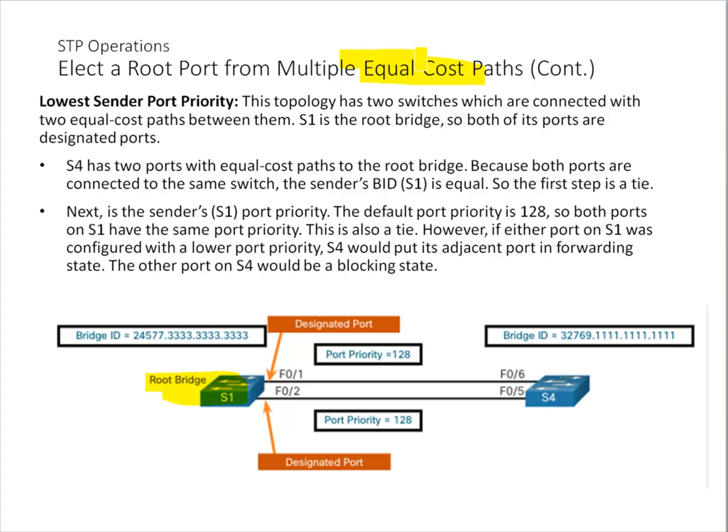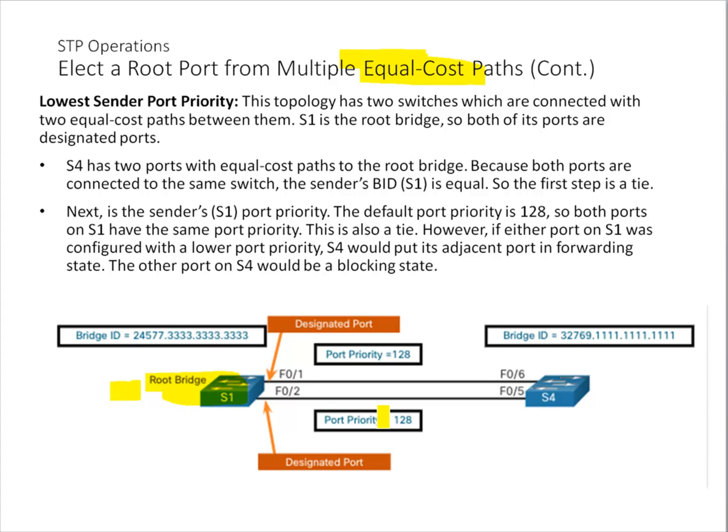So now I have to choose any one path from this. The concept I can use is the first step, the lowest sender BID. The lowest sender BID is going to be the root bridge.